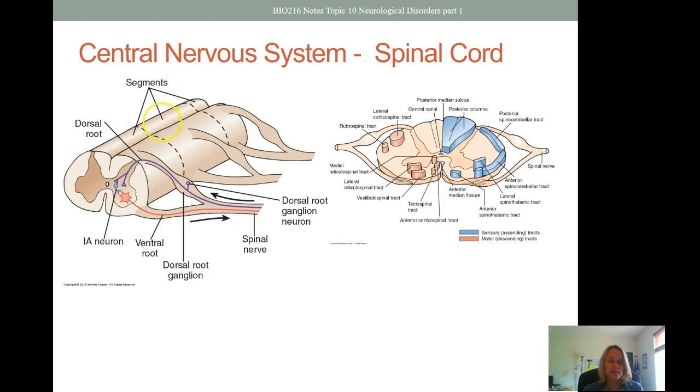Okay, and this is just a picture of the spinal cord showing the ventral horn, where we have motor neurons that leave, and the dorsal horn, which receives sensory neurons from the body. These come together to form our spinal nerves.